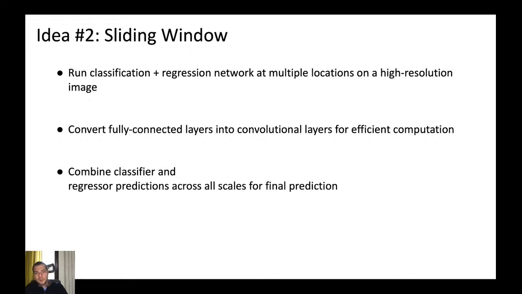So the idea of a sliding window is to run the classification and regression network at multiple locations on a high resolution image, and for each location we predict the class and the location of the object in the respective class. And this can be achieved if the model is not computationally heavy.